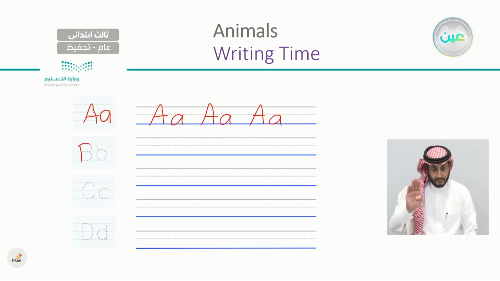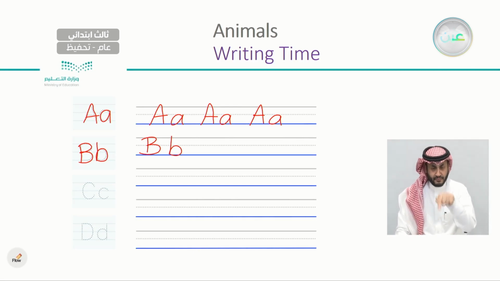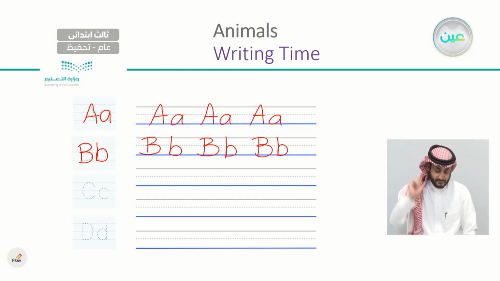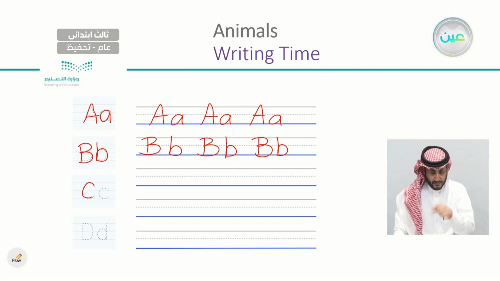Next we have B. Uppercase and lowercase. Next we have C. Now the letter C, uppercase and lowercase, do they look the same? They do. They're just different in sizes, right? Uppercase is big, lowercase is small.